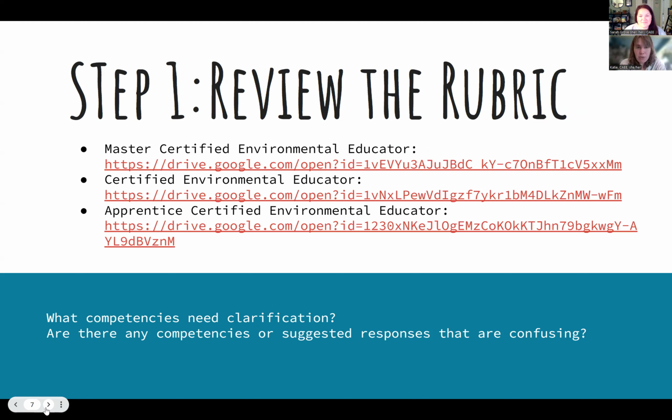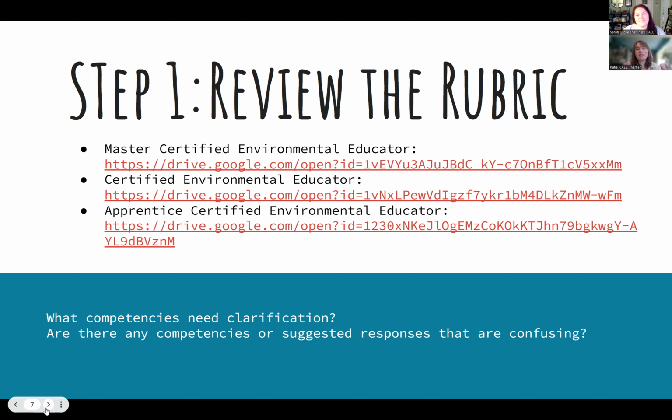So going back to the process and the steps, again, like we said, the first step is to review the rubric. We want to make sure we're familiar with the things that are in a portfolio. Sometimes you might see something for theme 4 when you're reading materials for theme 1.